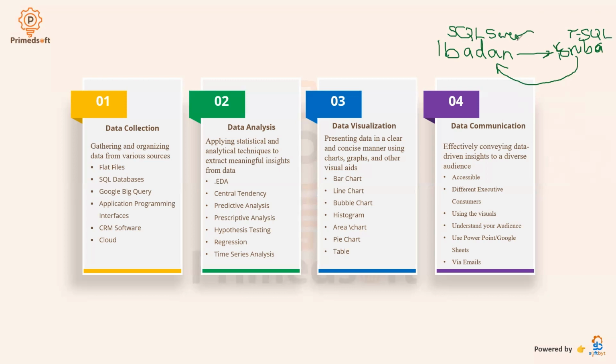The server or the database is different from the language you use to access it. See a place as a database. To be able to get quality information from Ibadan, you need to speak the Yoruba language. Not that they don't speak other languages, but it's important that you integrate.